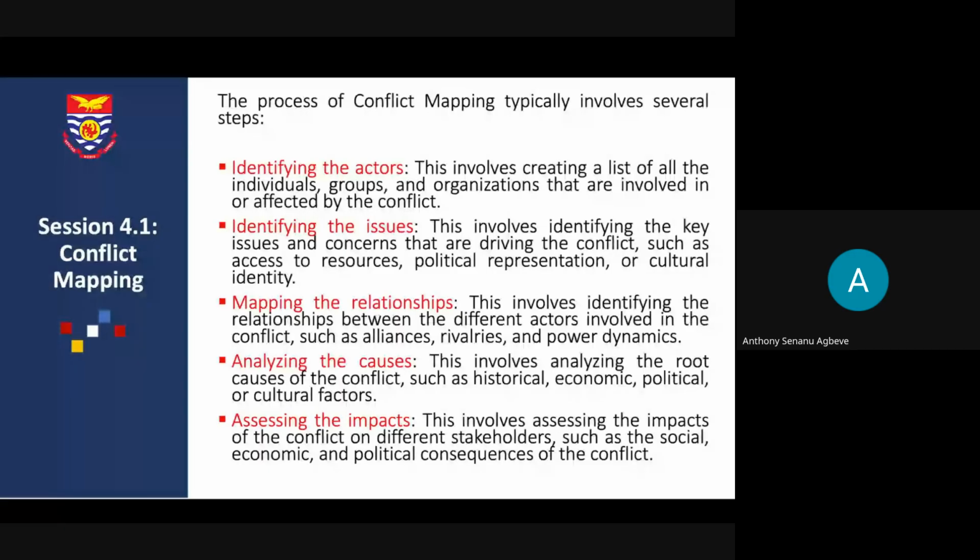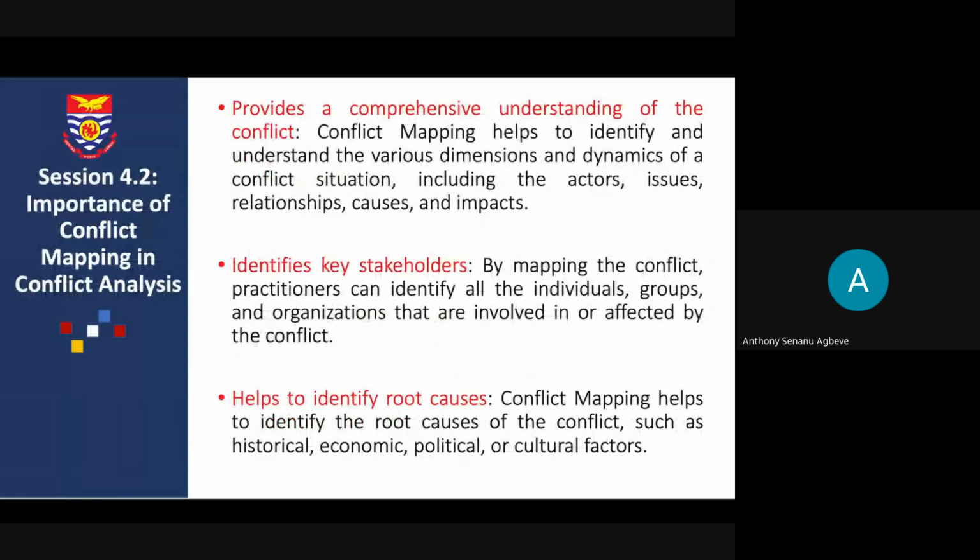Then you assess the impacts of the conflict, right? Is it just purely economic, political, social? What are the impacts? So you assess all these impacts.